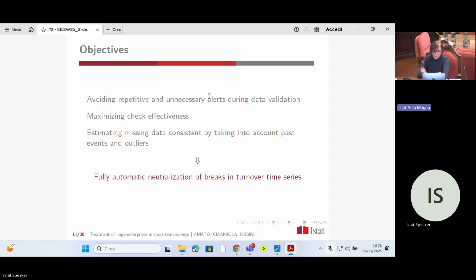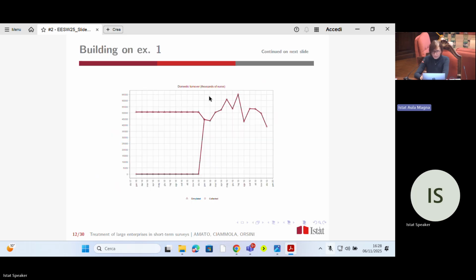What we want to do is a fully automatic neutralization of breaks in a time series of turnover or production or other kinds of cumulative variables.